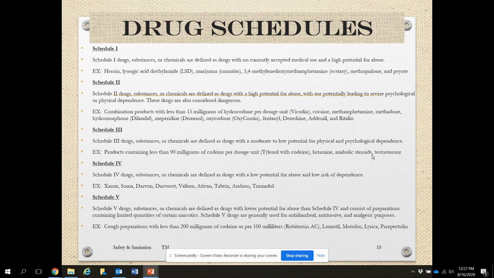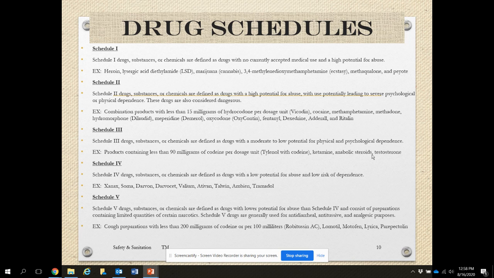A Schedule 2 drug is classified as having high potential for abuse and use potentially leading to severe physiological and physical dependency, but it does have some medical use. In this list, one thing that I didn't quite understand was cocaine was listed there.